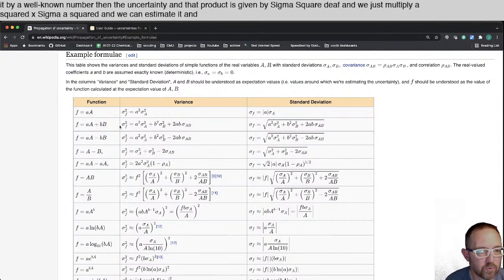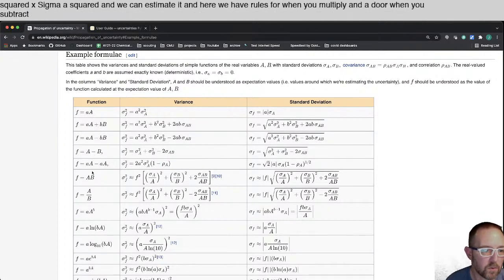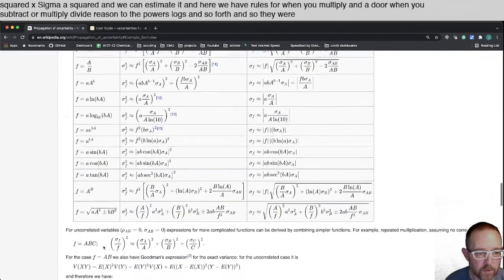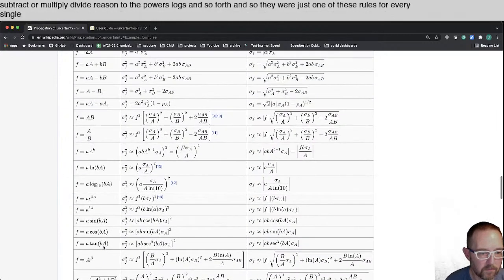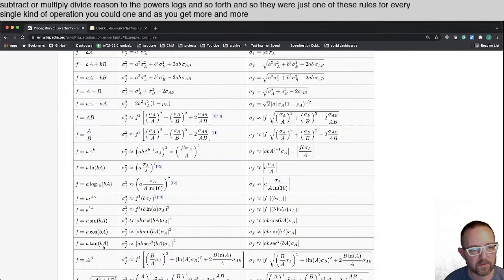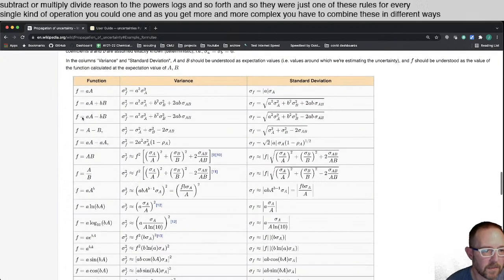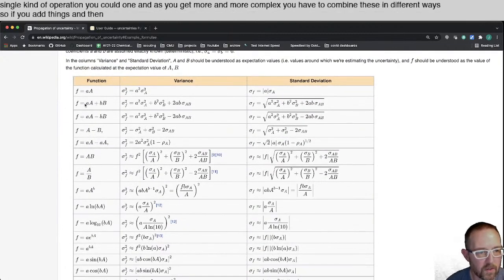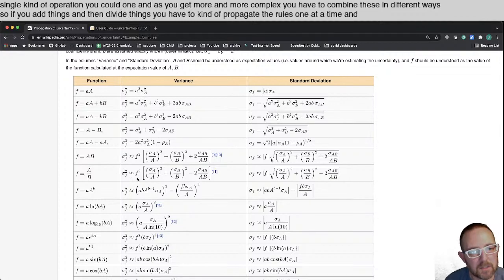And here we have rules for when you multiply and add, or when you subtract, or multiply, divide, raising to the powers, logs, and so forth. And so there is one of these rules for every single kind of operation you could want. And as you get more and more complex, you have to combine these in different ways. So if you add things and then divide things, you have to propagate the rules one at a time, and it's pretty tedious.